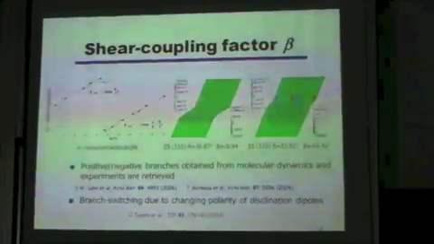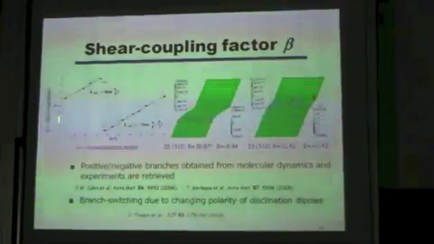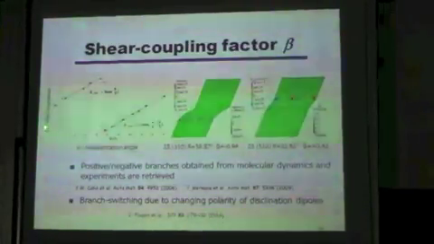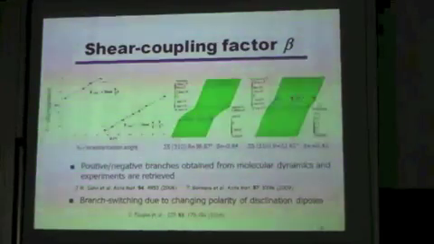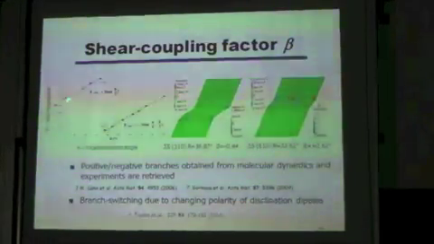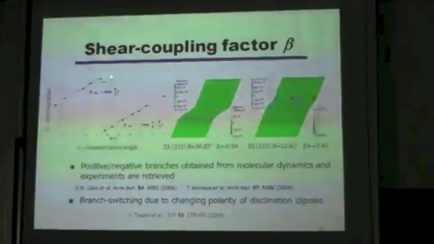Okay, so we did that for all misorientations, and we plotted here the shear coupling factor, which is a slip over the migration. So there are two distances, and this is what happens for small misorientation angles up to 38 degrees.